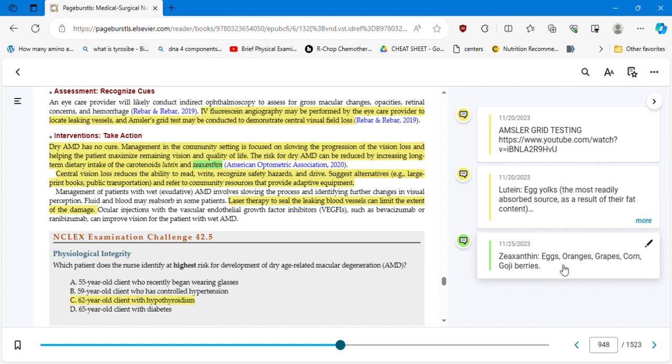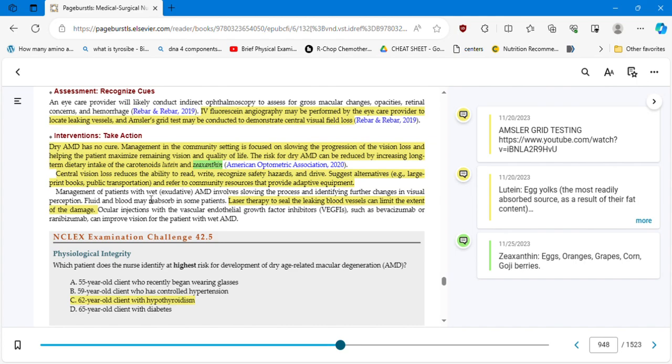You add the yellow, okay? Your egg yolks, your corn, you know, is very important. The grapes would be the only exception, but you have red grapes, you have purple grapes, you have the green grapes, and basically all your red, dark greens, and the yellow. Focus on that, okay, to prevent these eye conditions.